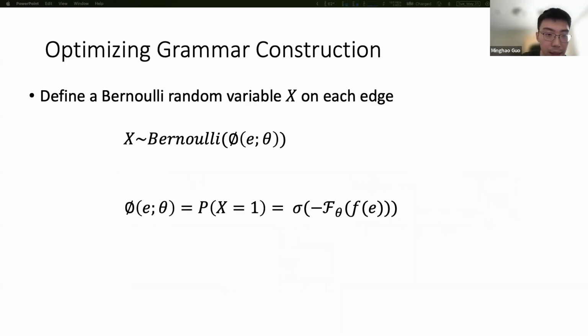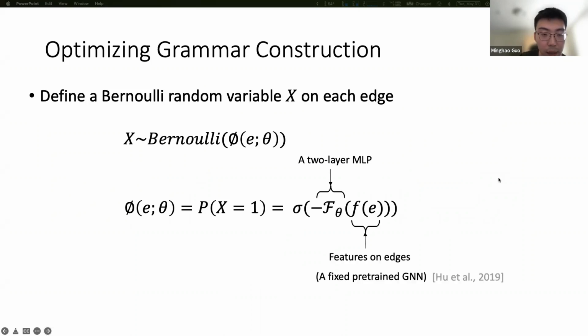And just some details here, I think I could skip it really fast, but it's a rigorous formulation and derivation. We define a random variable on each edge, which follows a Bernoulli distribution, and this is a sigmoid function of the negative value of the edge weight function. This edge weight function is actually just a two-layer MLP, but this MLP takes a feature vector of this edge as input.